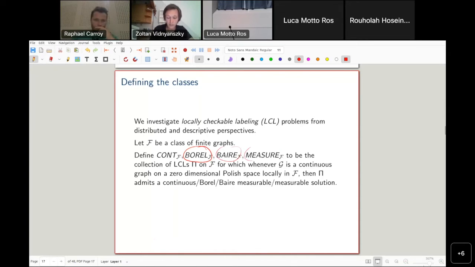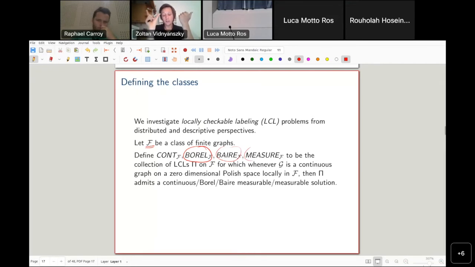And the point is that there is this index f here, which makes a lot of sense if you think about that. Of course, I won't be able to solve the problem in every graph, say the 3-coloring problem. You want to build an analogy between infinite paths in the Borel context and finite paths in the finite or local context. What is the common thing?